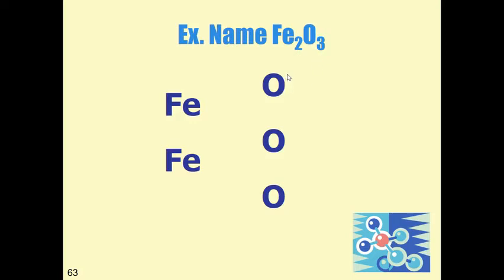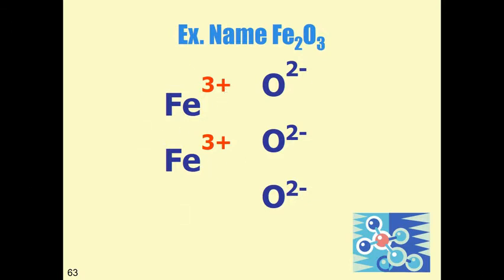We're going to add -2, -2, -2 because oxygen always has a charge of -2. We have 3 of them. So our anion side is a -6. That means our cation side must be a +6. Well, we have 2 irons contributing to that +6. That means each one must be a +3. That means the iron has a charge of +3.